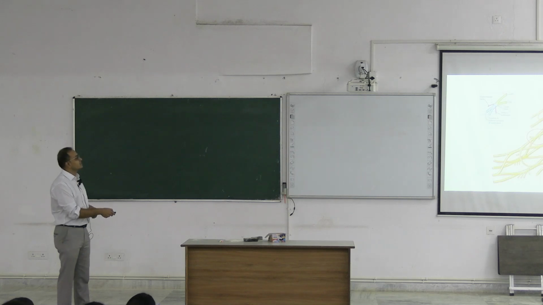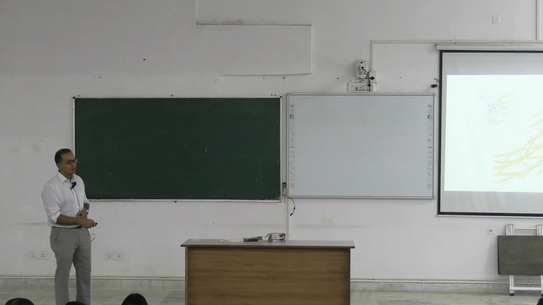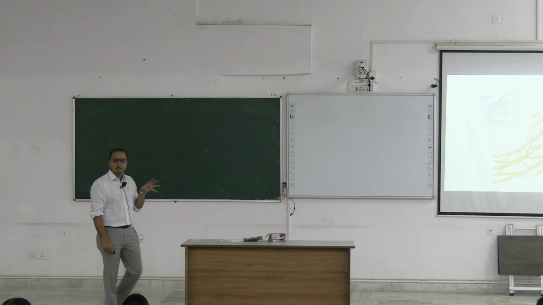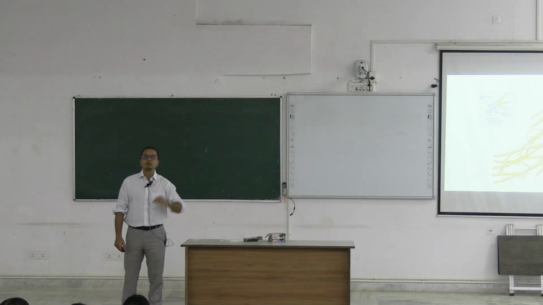In this position, in Erb-Duchenne paralysis, the nerves C5 and C6 get ripped off, and the union point here, which splits into the upper trunk and lower trunk, and the nerves coming off it, the suprascapular nerve and the nerve to subclavius. This point where the nerves come out is mostly ripped off.